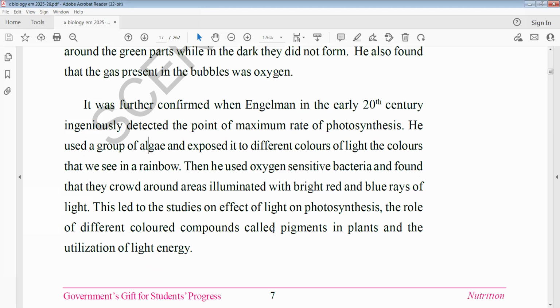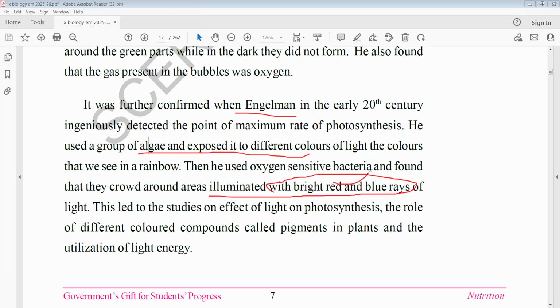You have to keep this in your mind. The scientist Engelmann used the algae to find in which light photosynthesis mainly occurs.